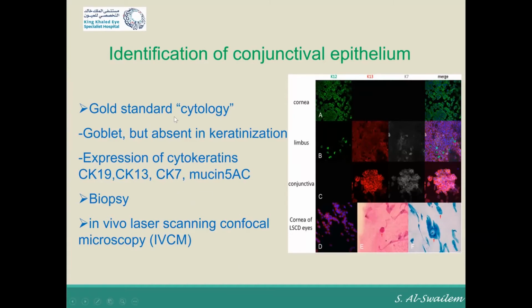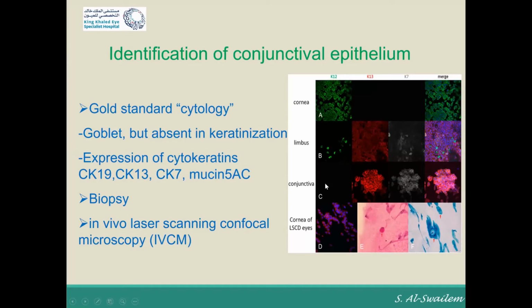The gold standard method to identify it is cytology, particularly impression cytology. So this is an example of the impression cytology that you can see here. This will give you a clue of cytokeratins that are specific to the conjunctiva.